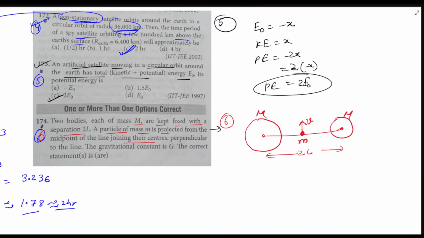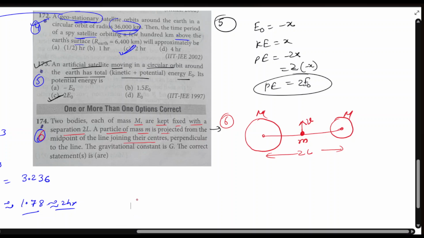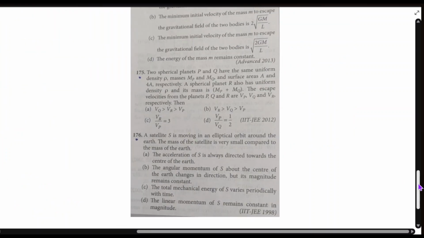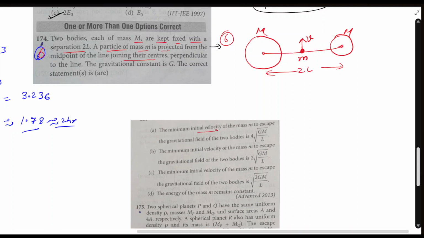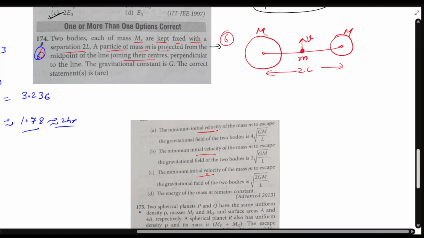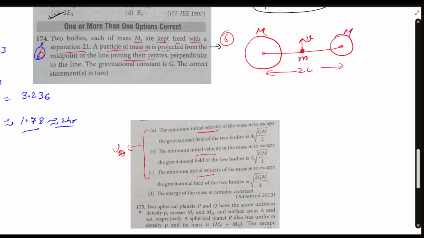We'll check the statements. So these are the statements, right? One statement is about the minimum initial velocity. In this we have to find the escape velocity, right? Because to escape. And the third is that the mechanical energy of the mass m remains constant, right? Yes, and this is what we are going to use here. So let's conserve the total energy.